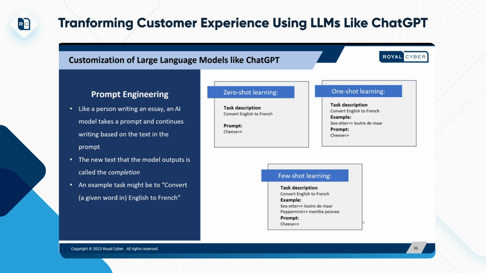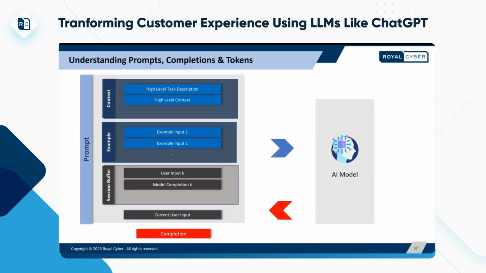It's also important to understand how prompts really work in the context of tokens and completion. So the basic anatomy of the major components of interacting with a large language model from prompt to completion are depicted here. Here we can see the importance of using one-shot or many-shot learnings to enhance and customize the output.